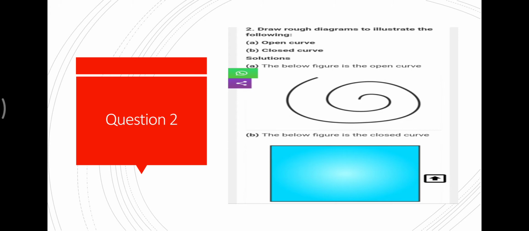There should be no joining of the starting point and the ending point, so that this figure will be called an open curve. Then closed curve. The following figure is called a closed curve as the starting and ending points are the same.